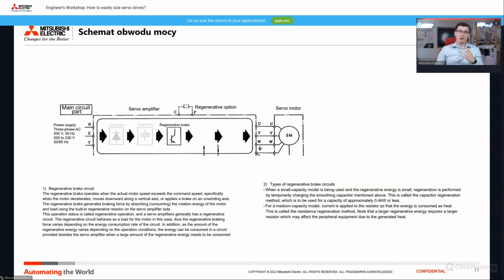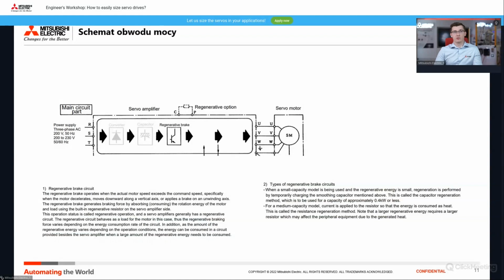And because of this rotation, voltage is created in the motor coils, and this energy needs to find some place to go. Of course, it will go to the servo amplifier. But if it would just go to the servo amplifier without any equipment to change it into some other kind of energy, then the power board would be damaged.